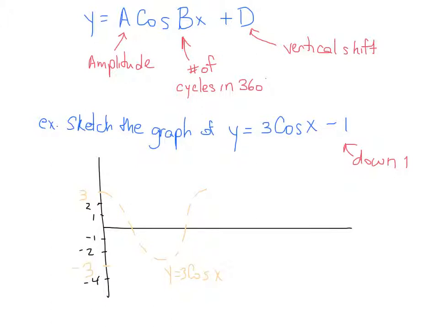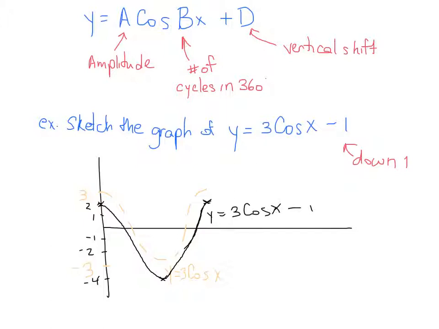So everything moves down 1. It starts now at 2. The lowest point is now at negative 4. And it should end up on the same horizontal line, which is over here. The shape of the graph is the same, but everything is just moved down 1. And so that is the graph of y equals 3 cosine x minus 1. And that's how vertical shift works.